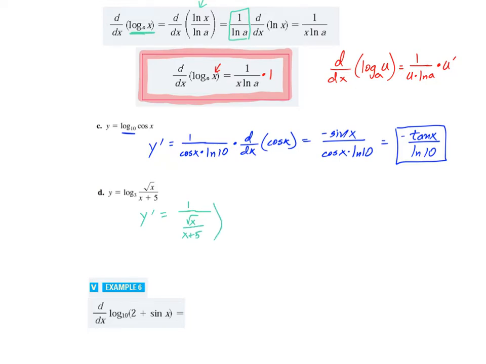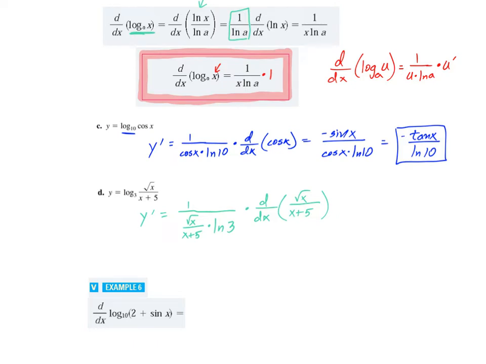Oops, I'm missing something. 1 over the input times natural log of the base, and then times the derivative of that input, square root of x over x plus 5. And that is not an easy derivative, unfortunately. It's going to be a quotient rule problem.